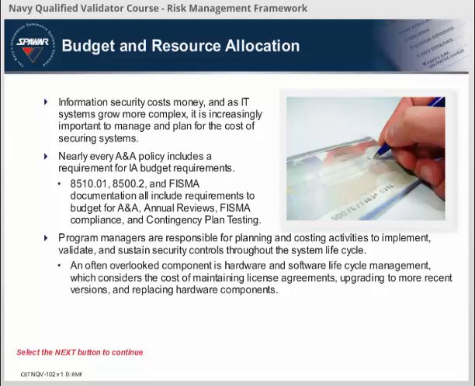Program managers are responsible for planning and costing activities to implement, validate, and sustain security controls throughout the system lifecycle. An often overlooked component is hardware and software lifecycle management, which considers the cost of maintaining license agreements, upgrading to more recent versions, and replacing hardware components.